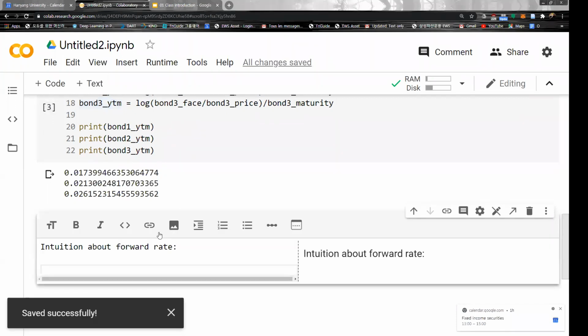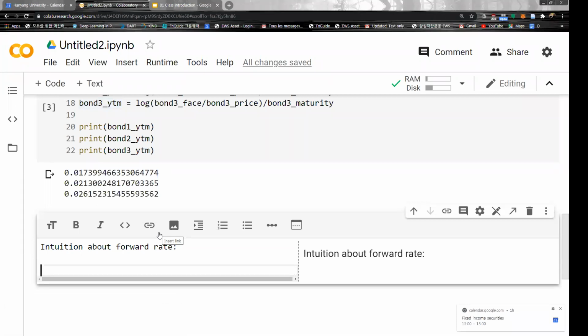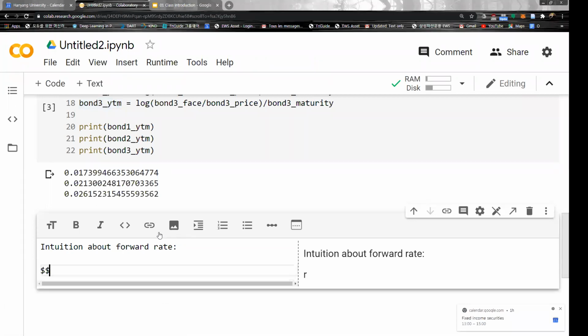Intuition about forward rate is that suppose we have return. It doesn't matter whether it is a short return or long return or forward rate.